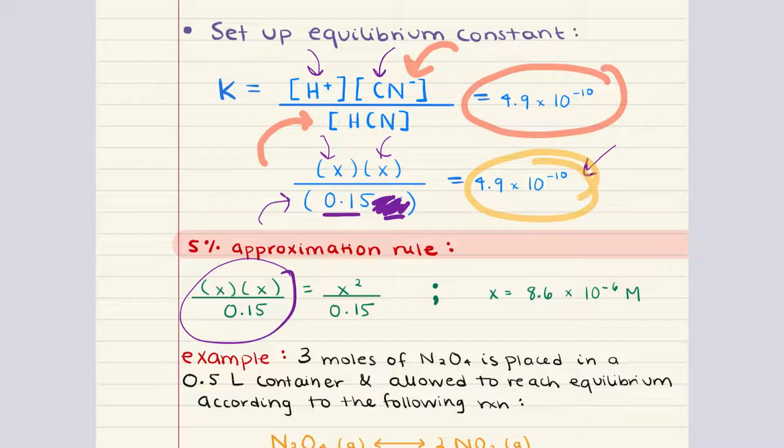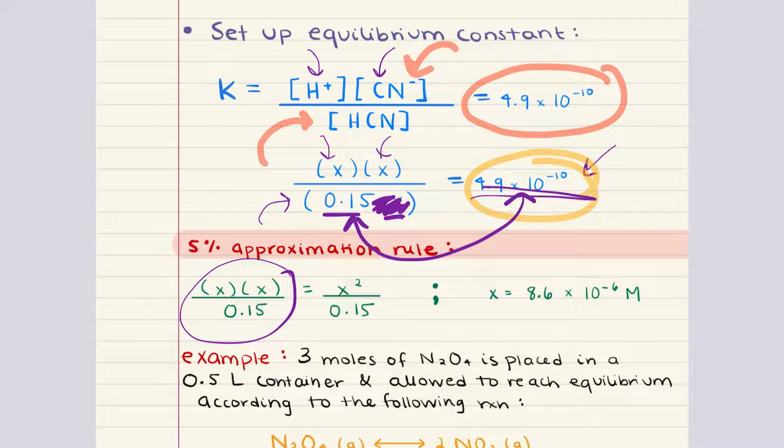In cases where K is of comparable magnitude to the initial concentration, or when we don't have a huge excess of reactants, you cannot use this assumption. But when K is very small or very large, which is the case here, look at K, it's very small, you can make this assumption.